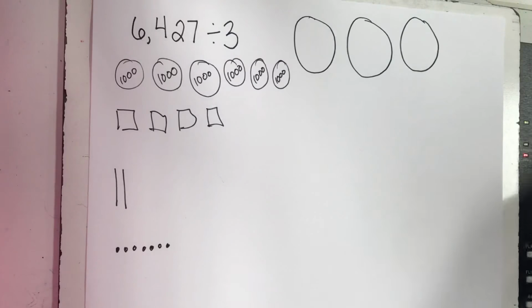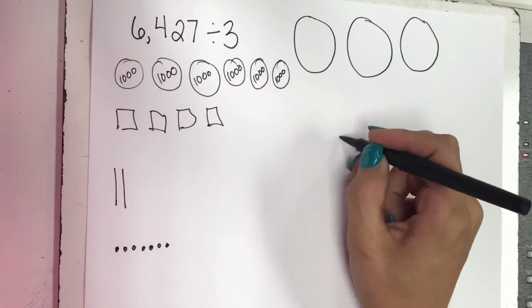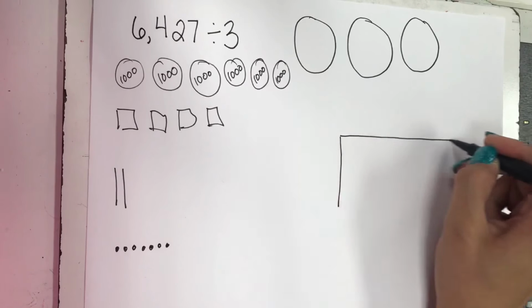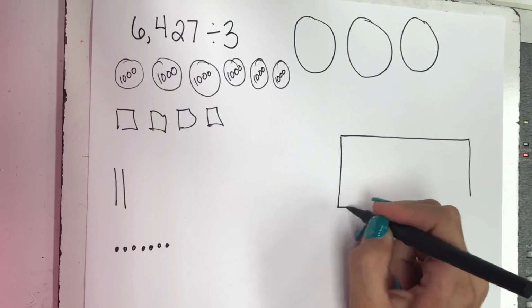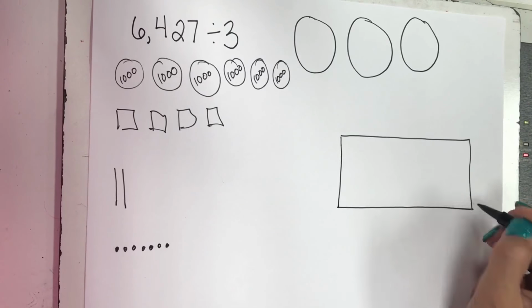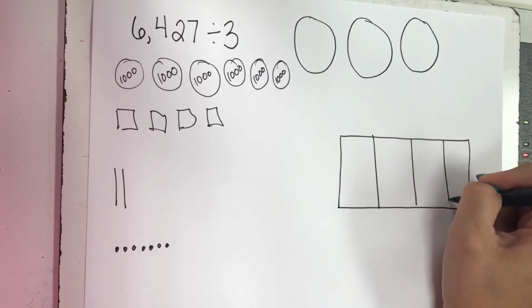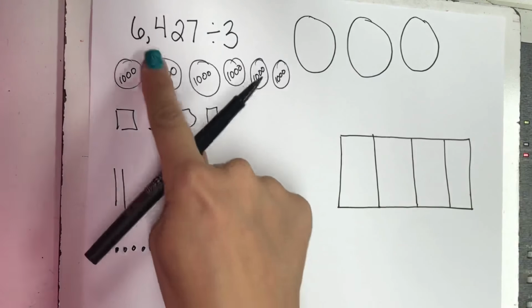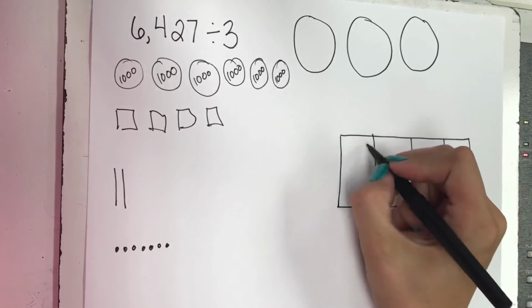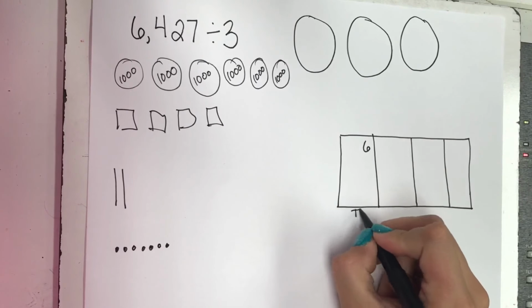Now, we talked about using that box method where I use my place value chart to think about my numbers a little bit differently. It's not a 6, it's 6,000s.